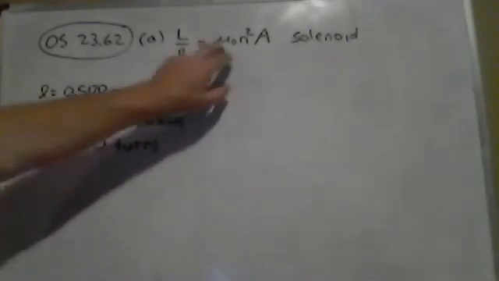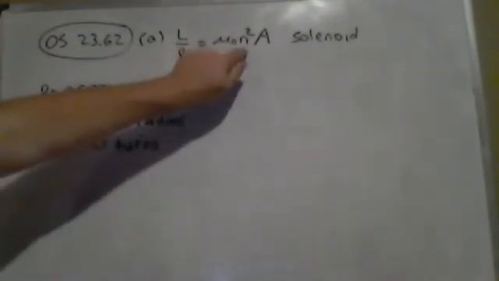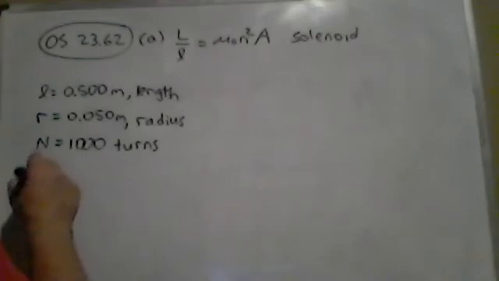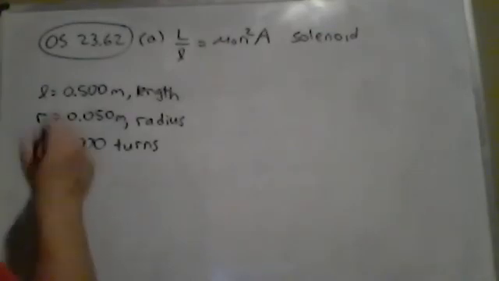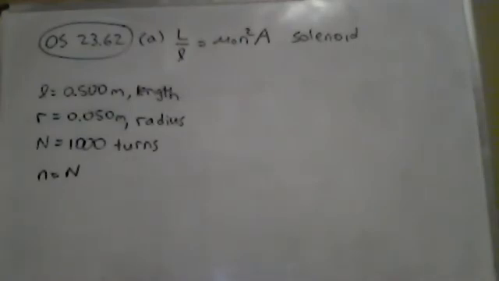Mu naught is the permeability of free space, the constant of the universe. We're given little l. I still need to determine little n and A. Little n is easy, because it's the total number of turns in the solenoid divided by the length of the solenoid.